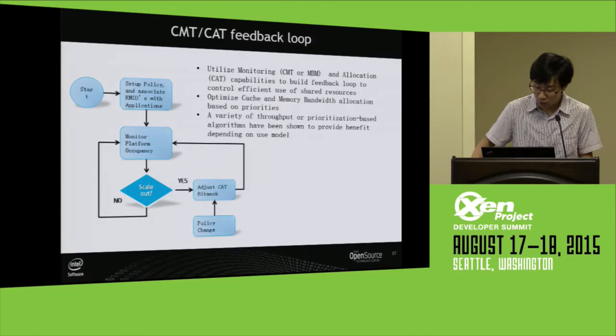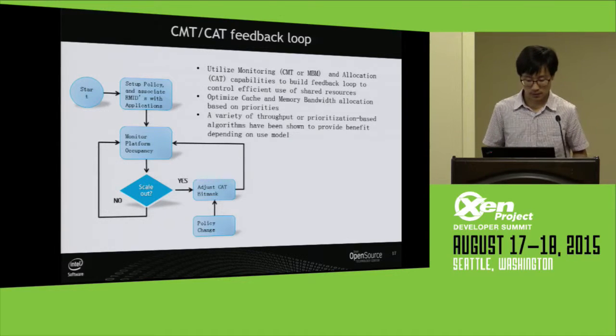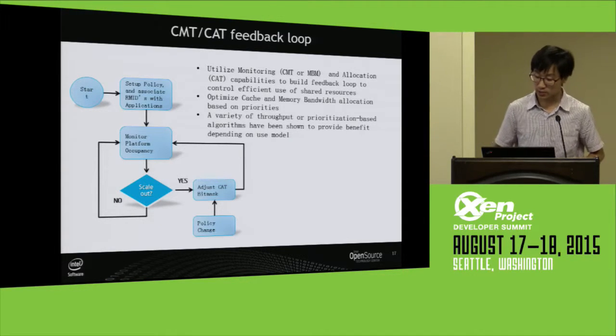This is an example of combining both cache monitoring and cache allocation to build up an automatic cache adjustment system. In this case, cache monitoring data is used as the feedback for cache allocation.